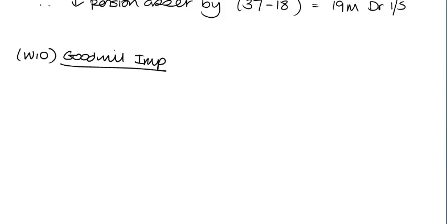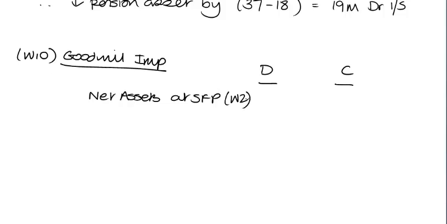And we're doing this for Data and for Captive. So we say, well, what are the net assets at the SFP date? And we pick these figures up from working number 2. So for Data, it's 1,089, and for Captive, it's 626.